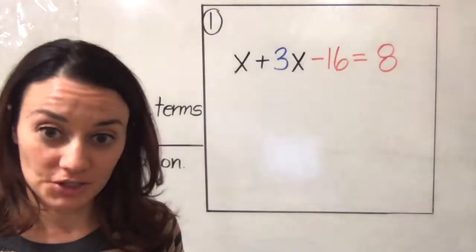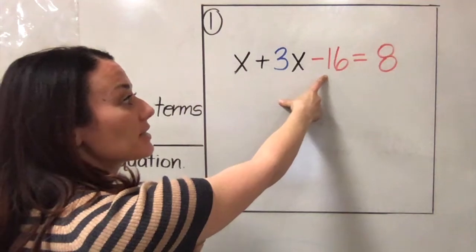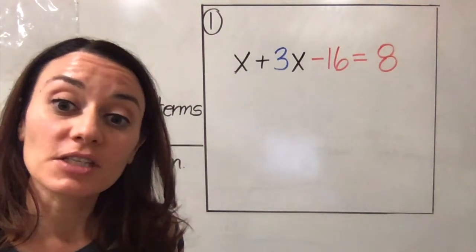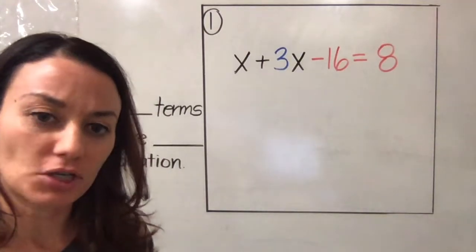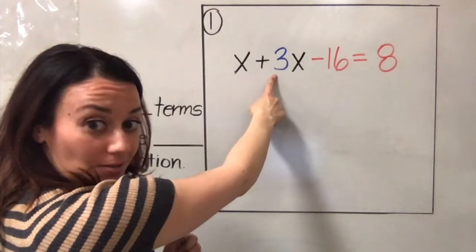Let's take a look at our first equation. It says x plus 3x minus 16 equals 8. So do we have some terms that are the same? Do we have some variable terms? We have x, we have 3x, yes?